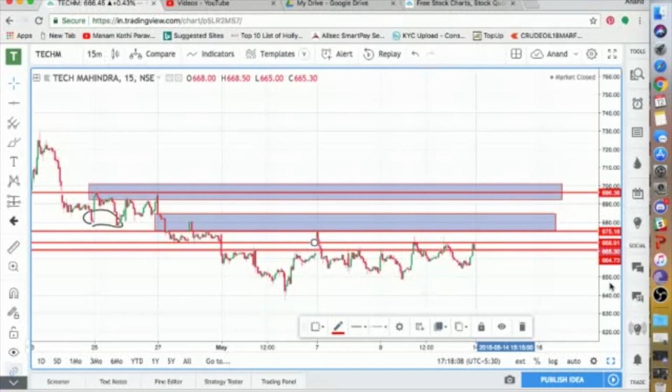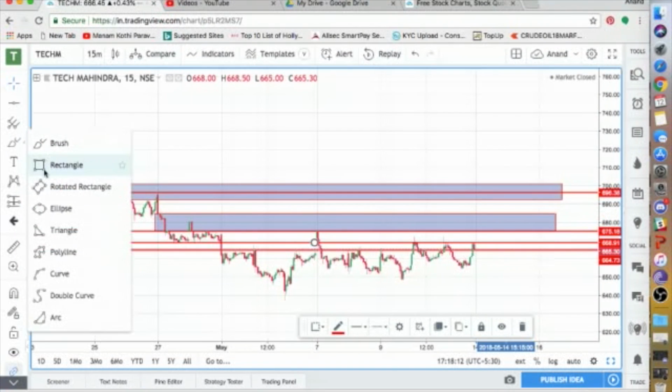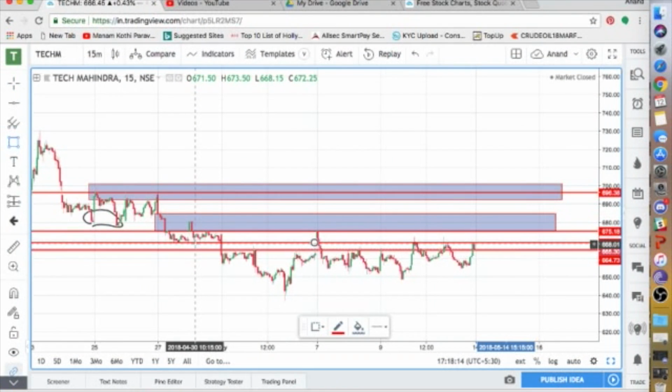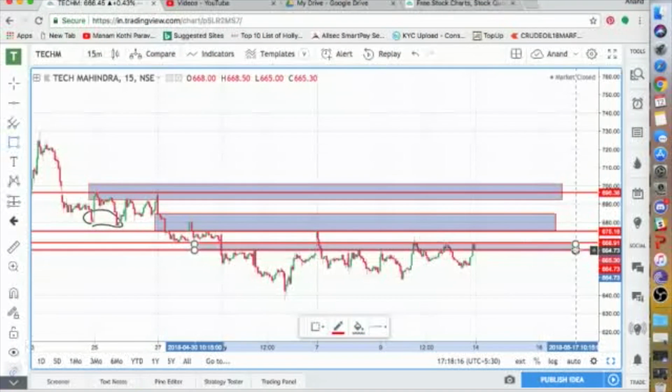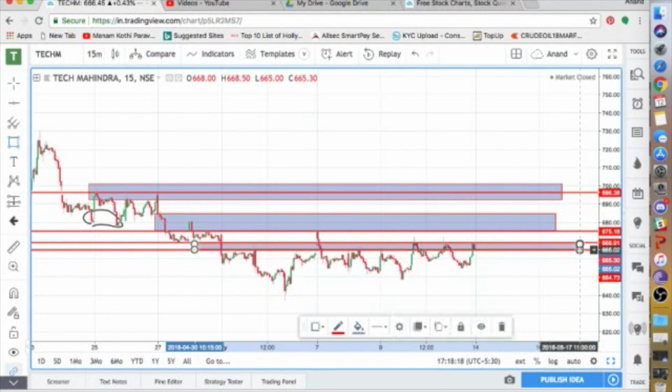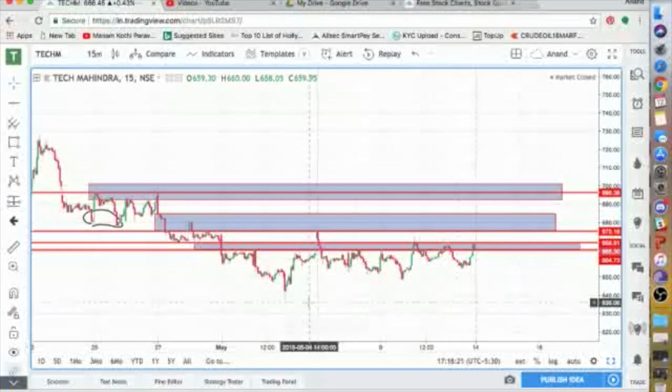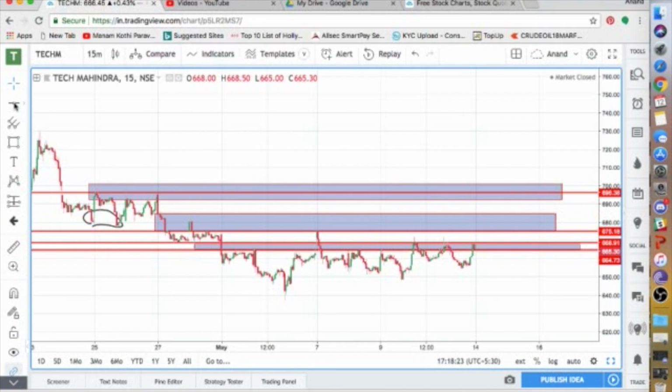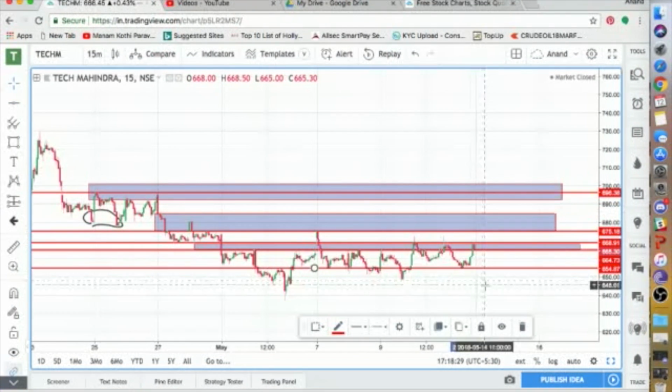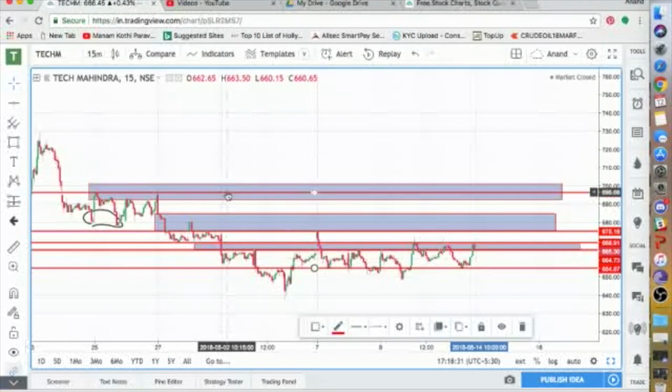I can cover this as a single zone, as a small rectangle, because this has acted quite significantly here. And then from an immediate support standpoint, somewhere over here 654 has been a good strong support.